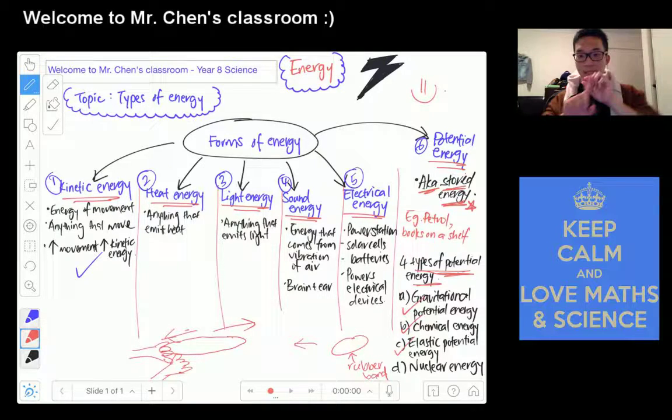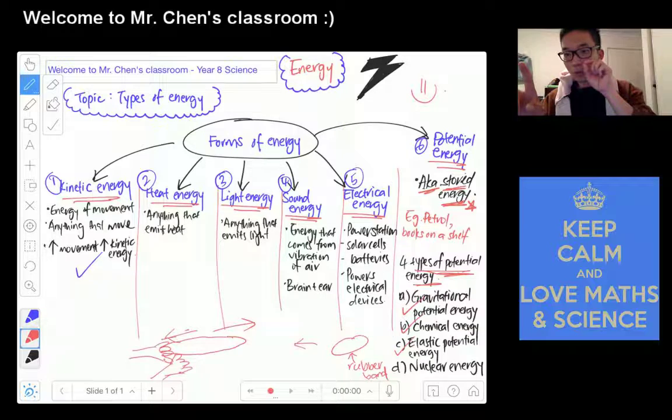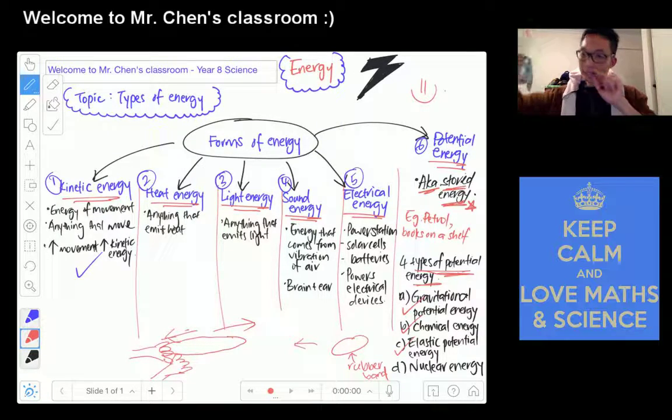What that means is you store the energy. When you pull it, you're doing kinetic energy, and the kinetic energy actually stores potential energy in the rubber band. When you decide to let go, the potential energy is converted into kinetic energy again, so the rubber band is going to fly.